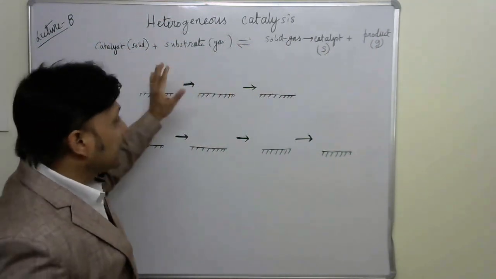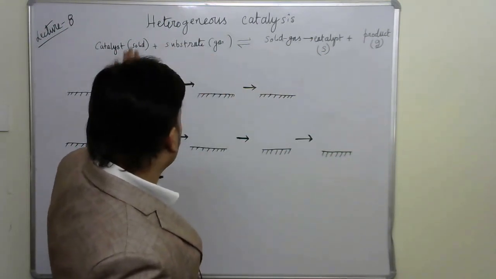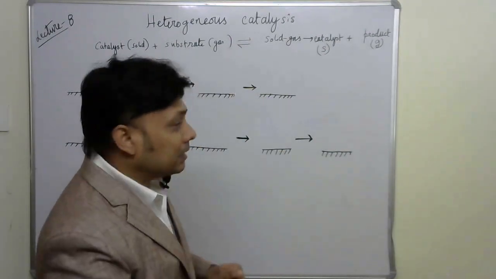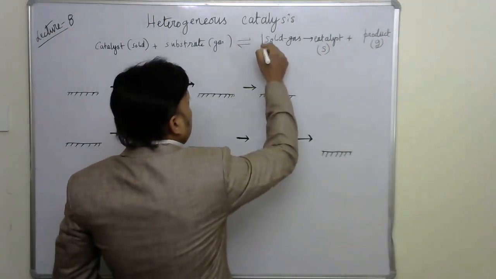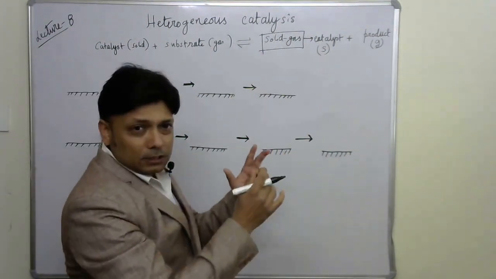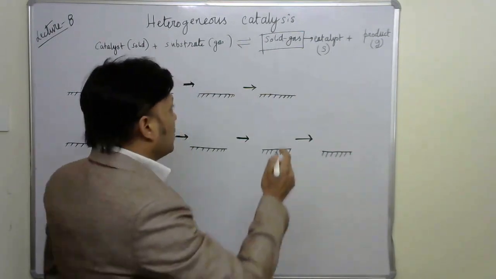So just like the enzyme catalysis, the gas would interact with the solid to make a solid gas intermediate. So this could be the substrate catalyst, just like the enzyme substrate complex.